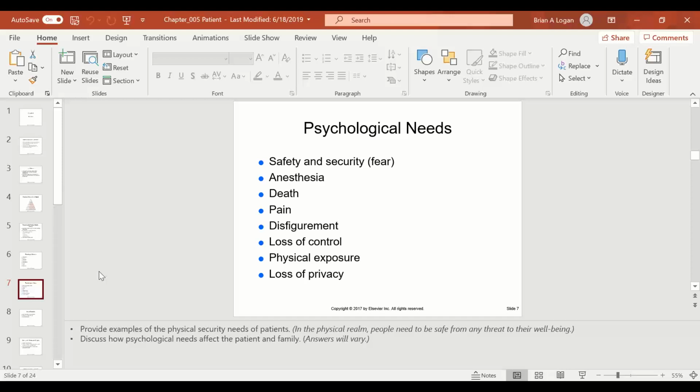Physical exposure. You're wearing a hospital gown with nothing underneath and a blanket over the top of you. And when we move you over and put you in these positions, things tend to get shown sometimes. That could be another safety and security issue for the patient. Some patients don't care.